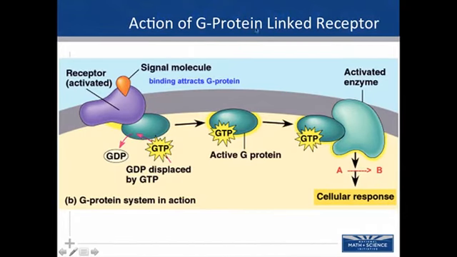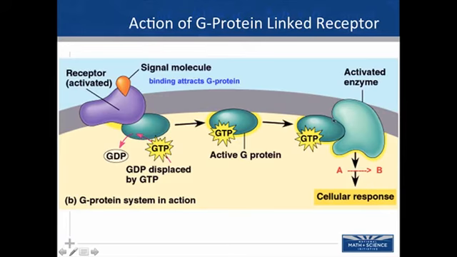If we looked at that G protein that was linked to the receptor we mentioned earlier, the G protein is going to go through the process of transduction as it receives GTP, replacing its GDP. Now we have a higher energy state for this G protein, so we would call it an active G protein.